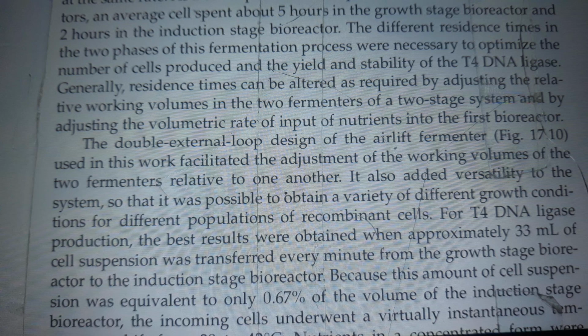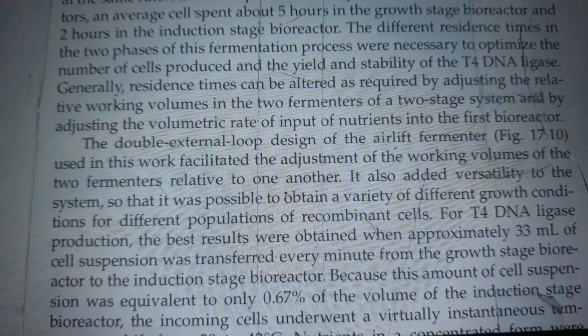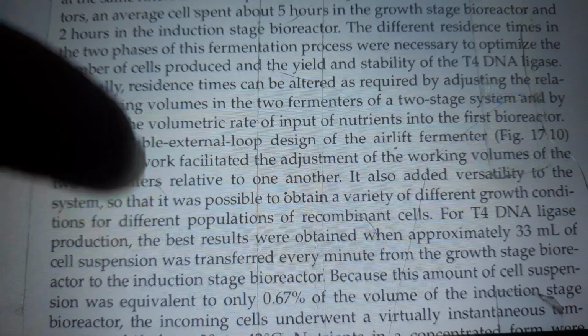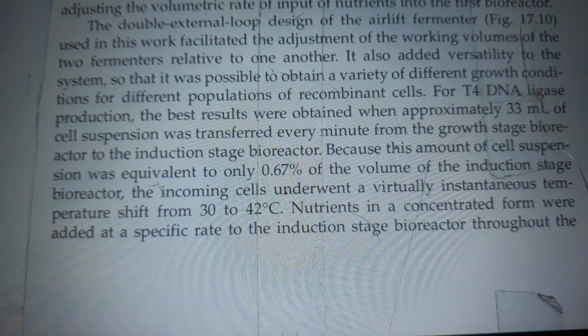The different residence times in the two phases of this fermentation process were necessary to optimize the number of cells produced and the yield and stability of the T4-DNA ligase. Generally, residence times can be altered as required by adjusting the relative working volumes in the two fermenters of a two-stage system and by adjusting the volumetric rate of input of nutrients into the first bioreactor.